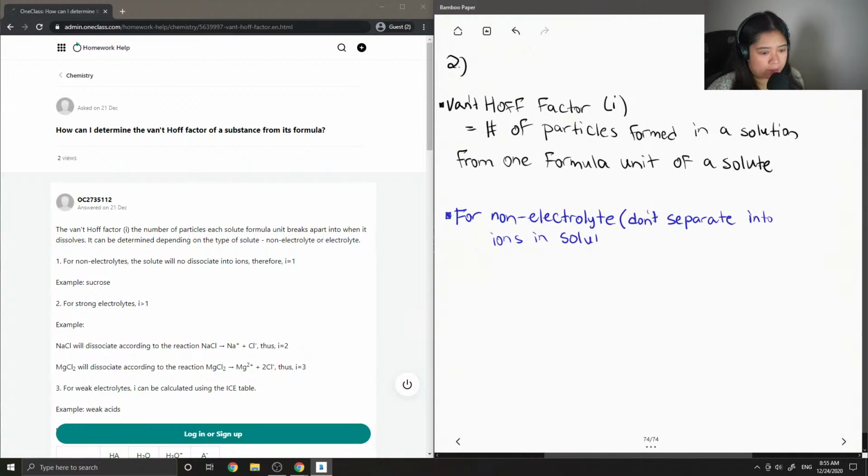These are like non-conductive metals, and their Van 't Hoff factor is typically equal to 1. And when you have a strong electrolyte, like sodium chloride, its Van 't Hoff factor is greater than 1.